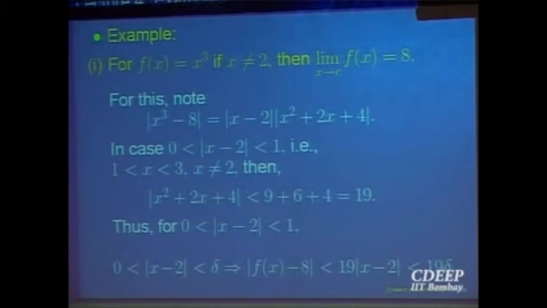So now what is my problem? Given epsilon, I have to find a delta, right? So given epsilon, what should be the choice of my delta? So that 19 delta should be less than epsilon. Then |x minus 2| less than delta will imply |f(x) minus L| is less than epsilon.